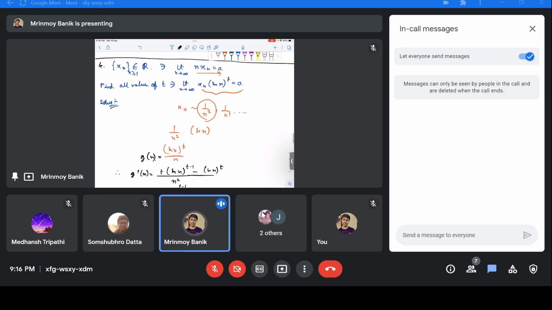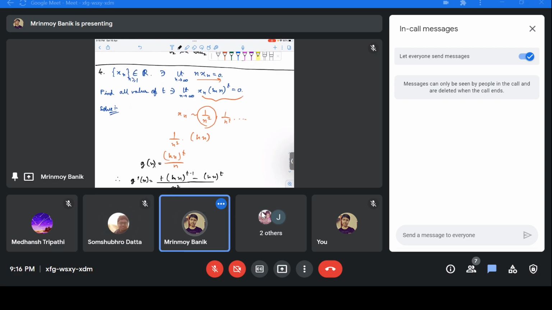Okay, so our idea is to guess a sequence xn such that the first condition holds, that n xn goes to 0. Obviously xn has to have a factor of 1 by n squared, or a higher degree than n. And suppose it is n squared, then in the second condition, if you substitute that, it's n squared times log n to some positive power, any power.